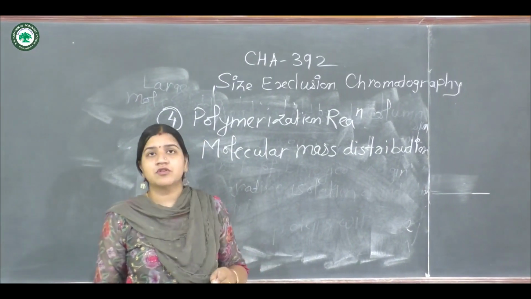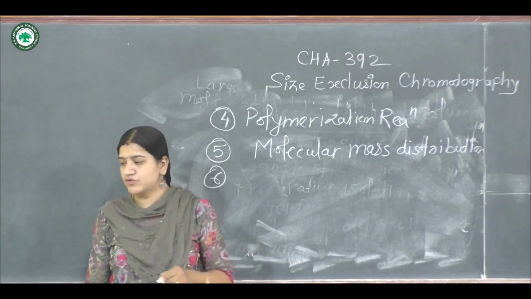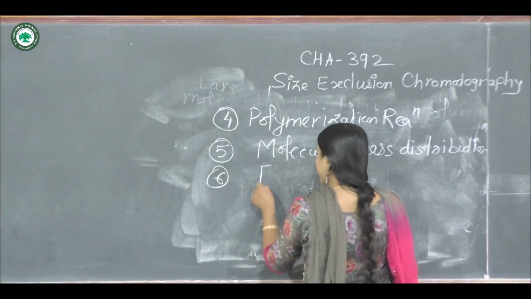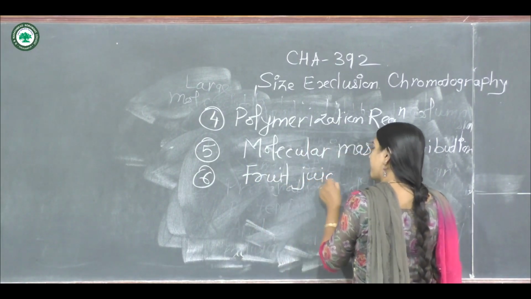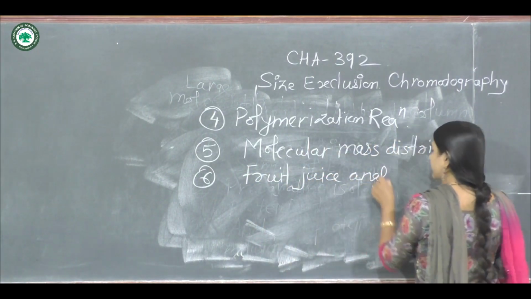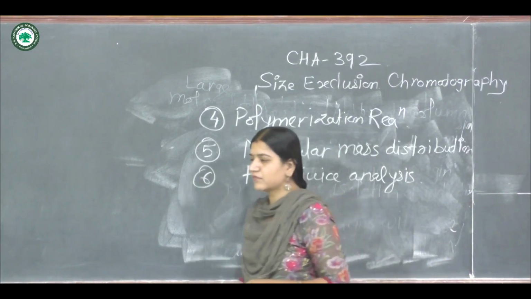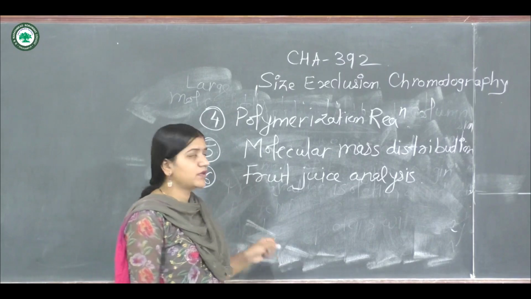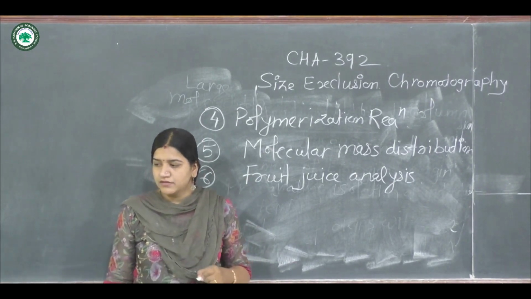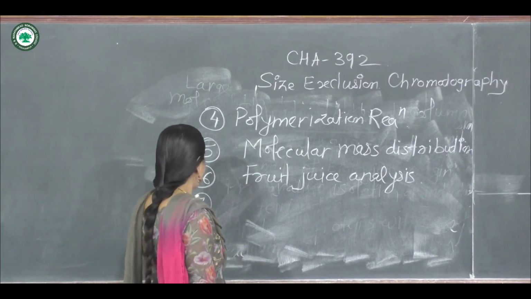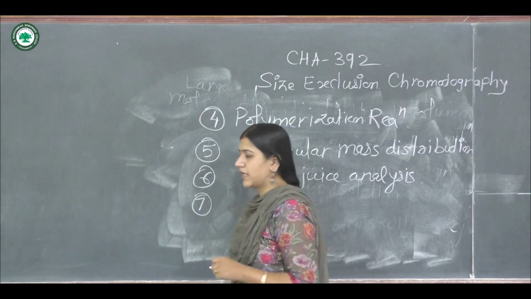Size exclusion chromatography is also used for fruit juice analysis. Then it is also used for the analysis of a flavoring agent or a stabilizer.